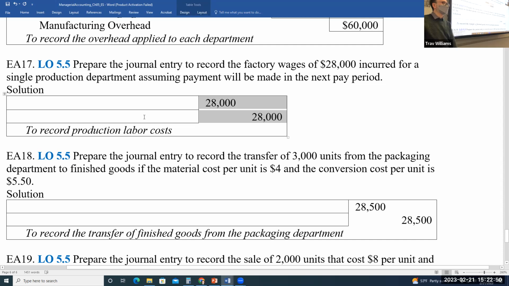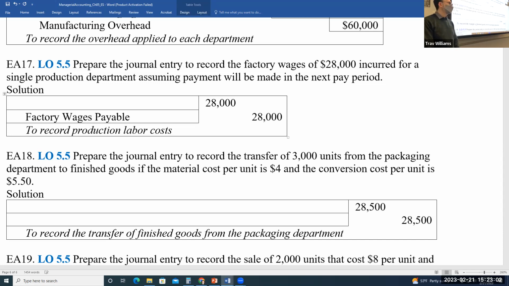What would we credit? Well, usually factory wages payable. I think in this case, they might have just called it wages payable, but either one is fine. So that's what gets the credit because liabilities increase on the credit side.